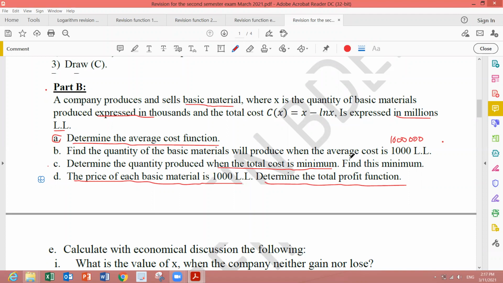Revenue minus cost. How to calculate the revenue? What's the rule for revenue? Price times x.